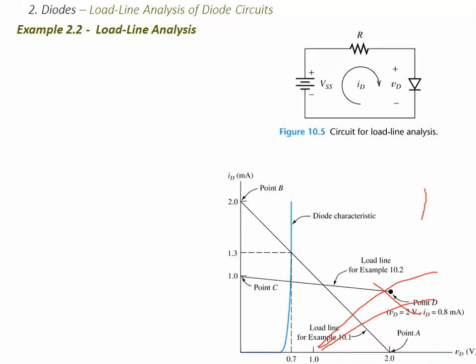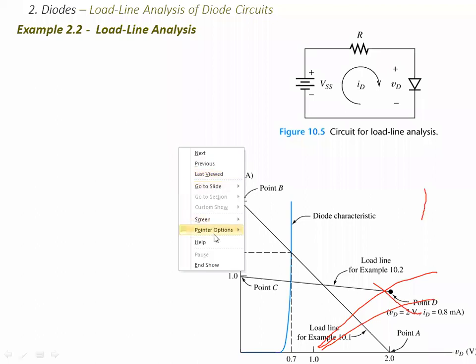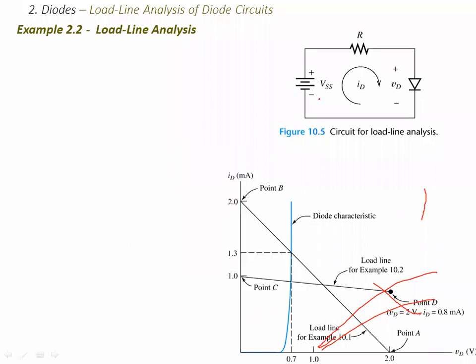So how does that work? It means if you are given a circuit where the value of VD is, let's say, equal to 2 volts here, and maybe a resistance of 1 kilo ohm, then you realize that the maximum current will be V over R, which will give you 2 milliamps.